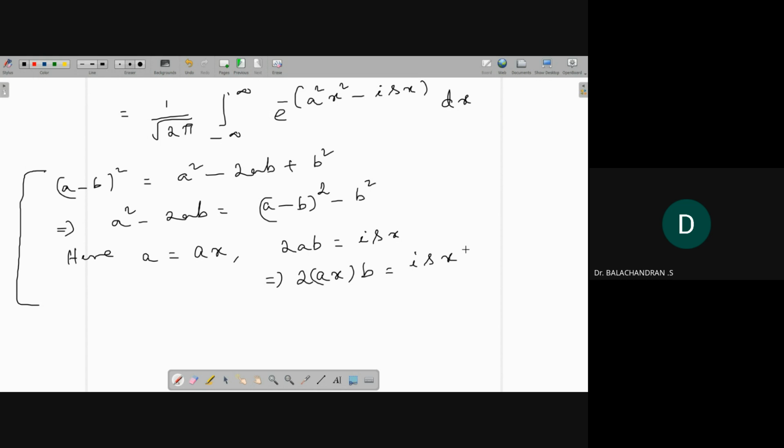So x x gets cancelled. From this, b equal to is by 2a. So this is your a and this is your b.